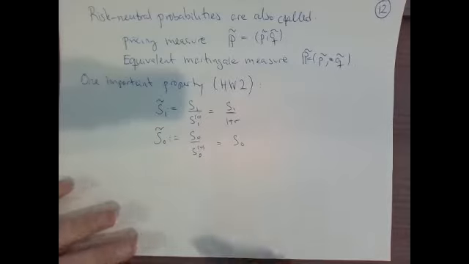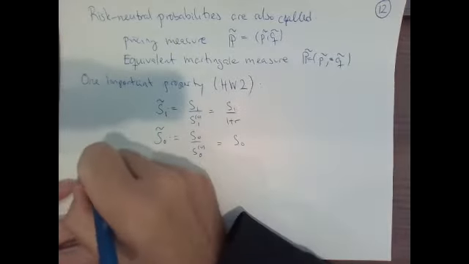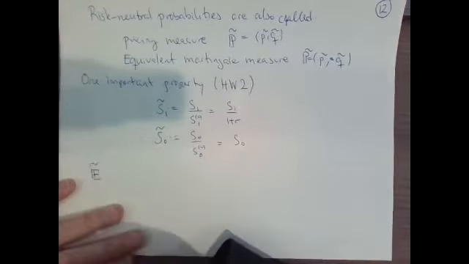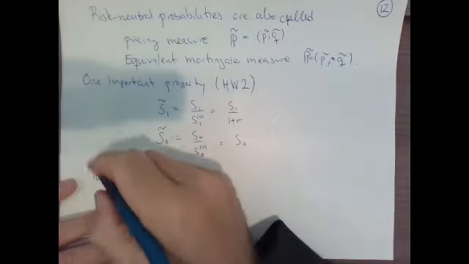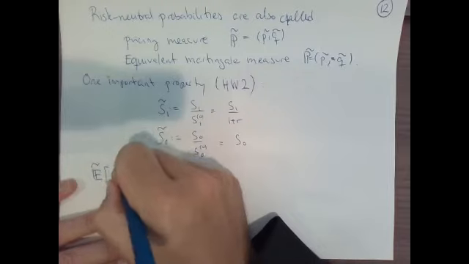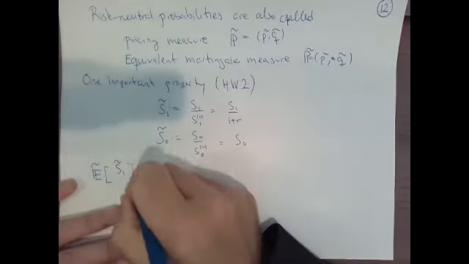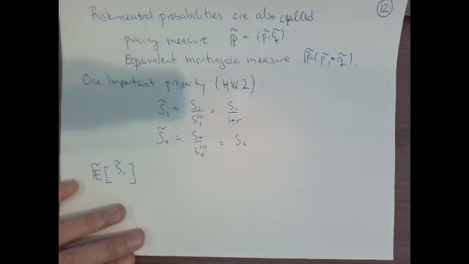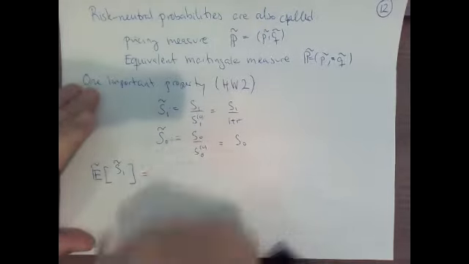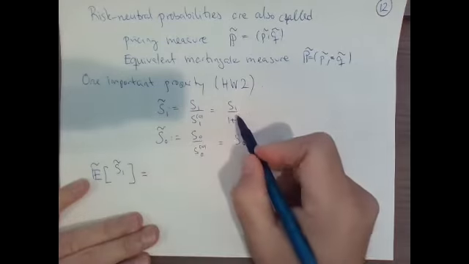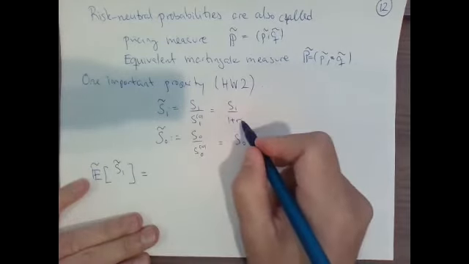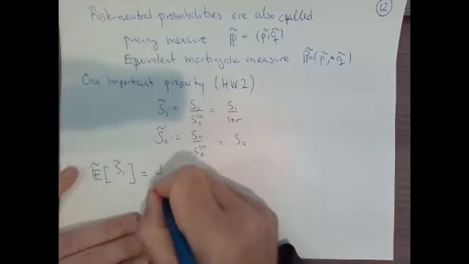So I want to compute the expectation under these P tilde and Q tilde probabilities of S1 tilde. Let's try to work out what that is. Using the formula, 1 over 1 plus R is a constant, so it goes outside the expectation.